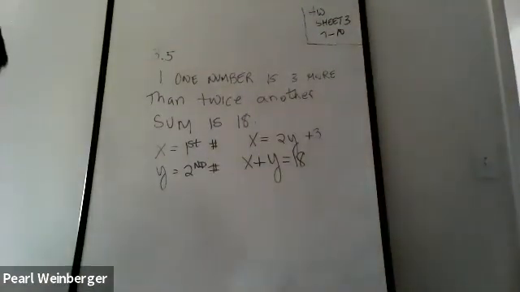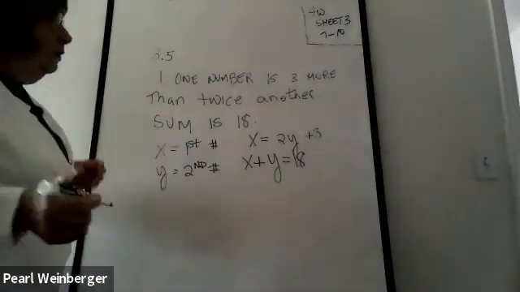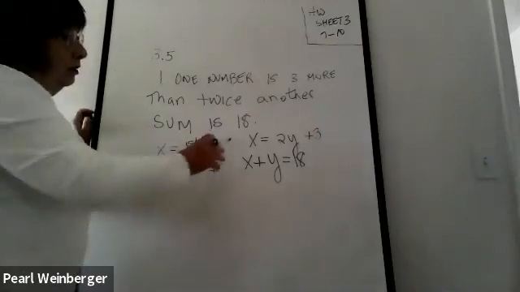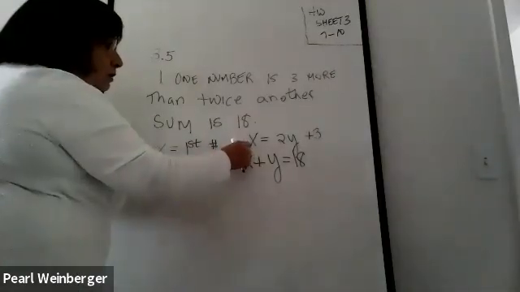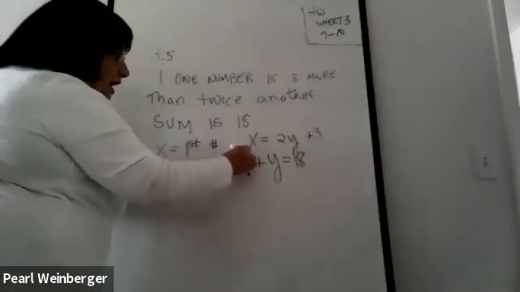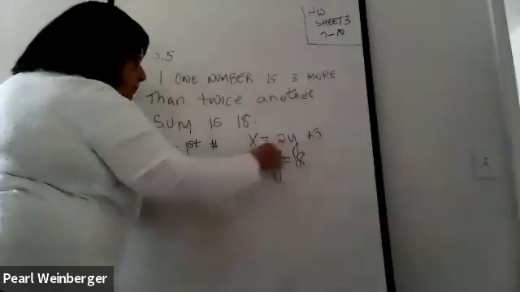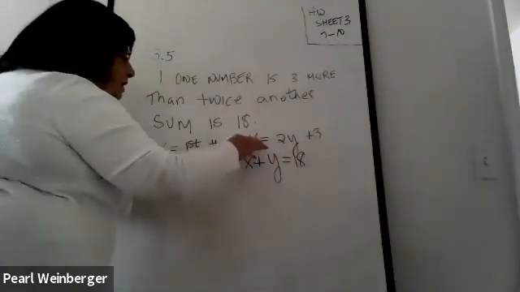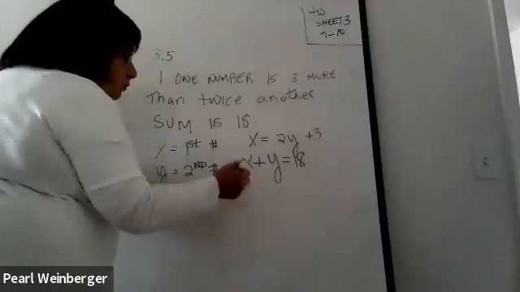Again, I see this one as probably easiest to do using the substitution method, because the first equation says x equals 2y plus 3. So it explicitly tells me what x is in terms of y.